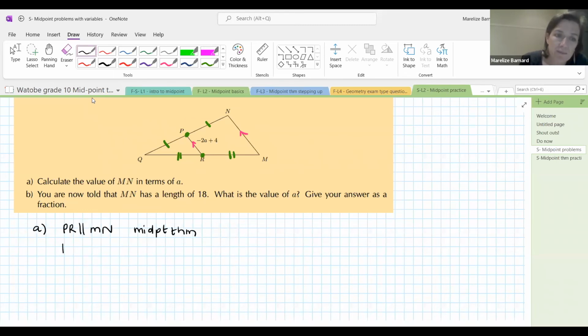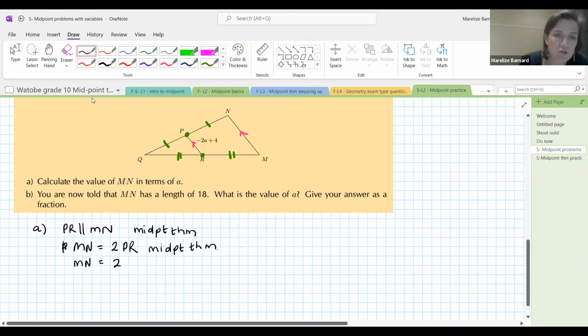Then we can say MN is going to be 2 times PR, and that's also because of the midpoint theorem. And MN is then 2 times minus 2a plus 4, and that's minus 4a plus 8. Good.